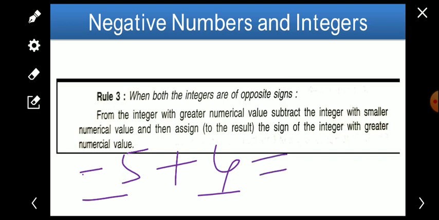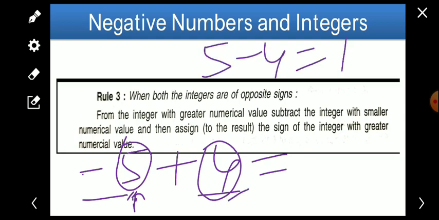Simply we will subtract. If one is positive and one is negative, then we will subtract the numbers, the numerical value of which is smaller from the bigger one. Numerical value means 5, 4, 3, these are the numerical values. So 5 and 4 are the numerical values. From the bigger numerical value we will subtract the smaller one. It means 5 minus 4, then it will come 1.